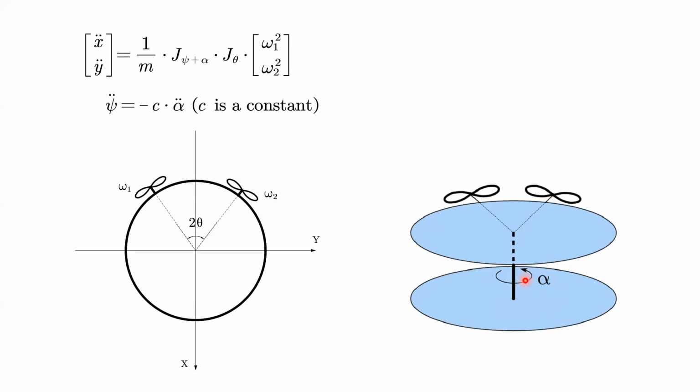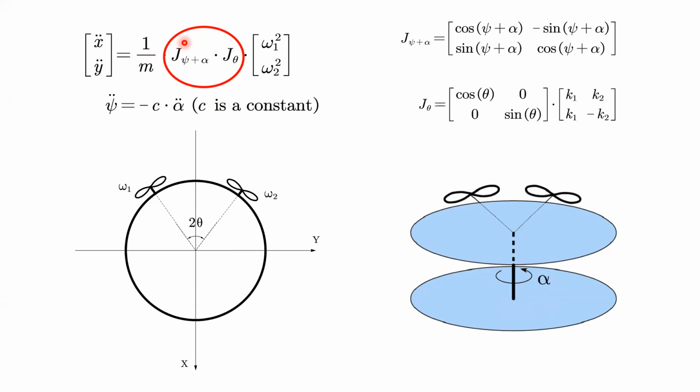This is the dynamics of the system. You can see the inputs, omega 1, omega 2, and alpha. The output we are interested in is the position. The term in the circle is a 2x2 matrix. I can write it in detail on the right.